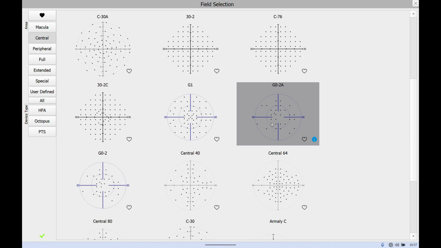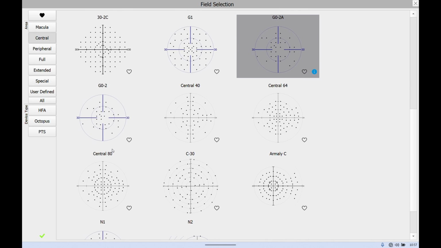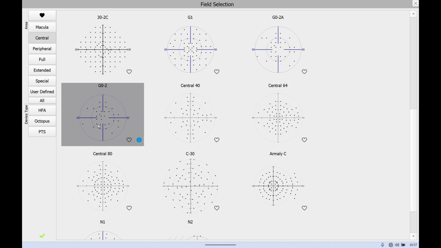And then one of my favorite tests, so G028 and G0-2. This is just for fast screening. So you have few points that are basically put where you have the most likely damage of the RNFL. So this allows you to have a 1 minute glaucoma screening test using those two tests.